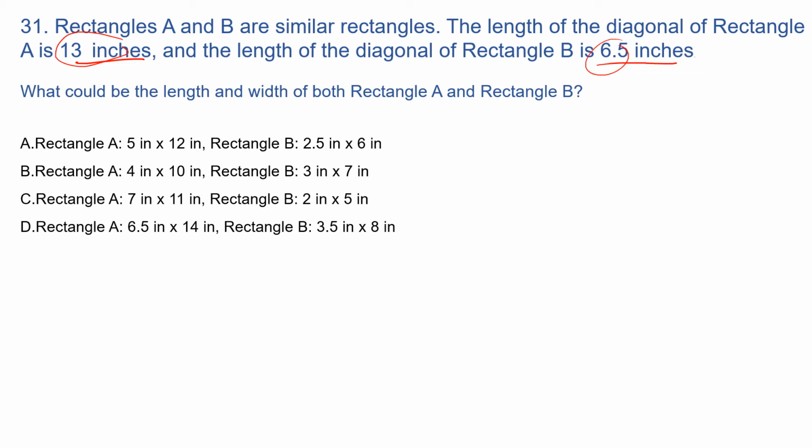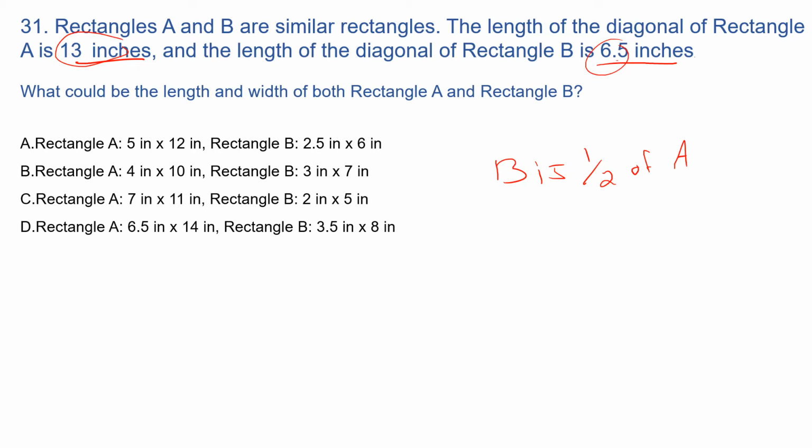So we can say that B is 1/2 of A, because 6.5 is half of 13. And since that is their relationship, the size of the rectangle would also have to be half of the length, because they are similar.